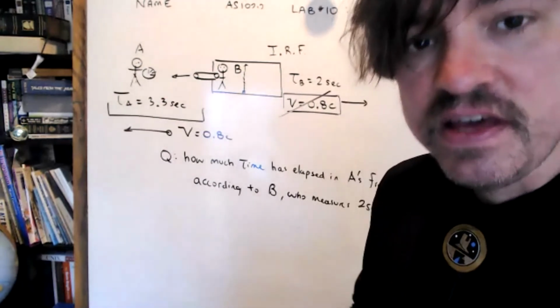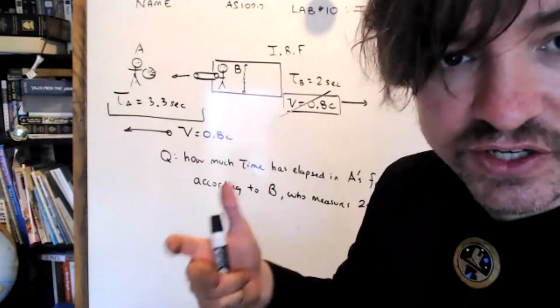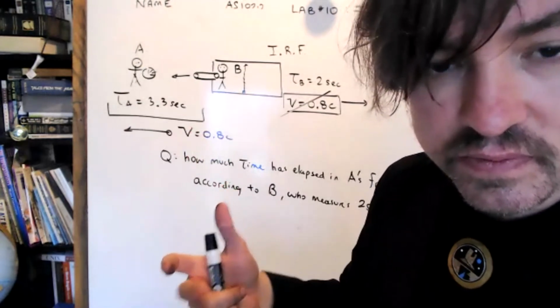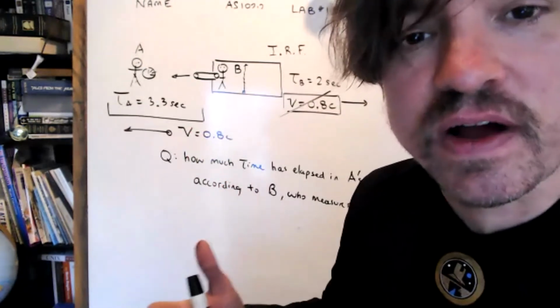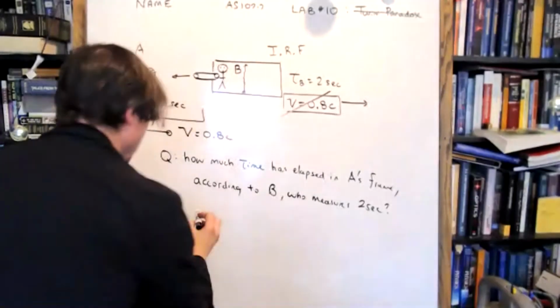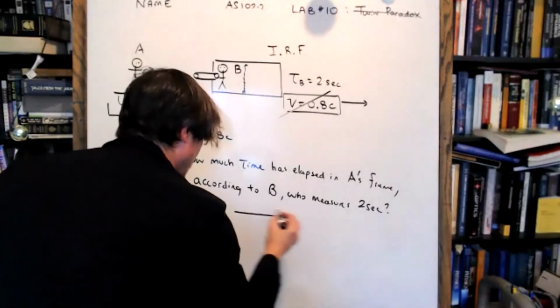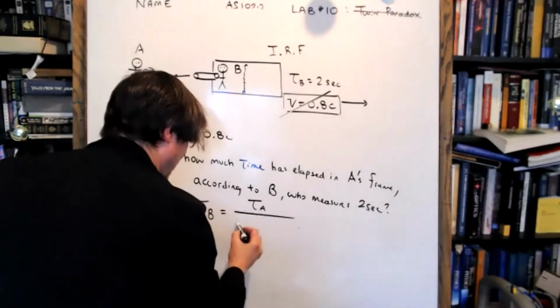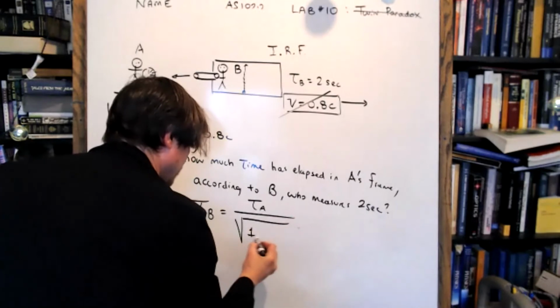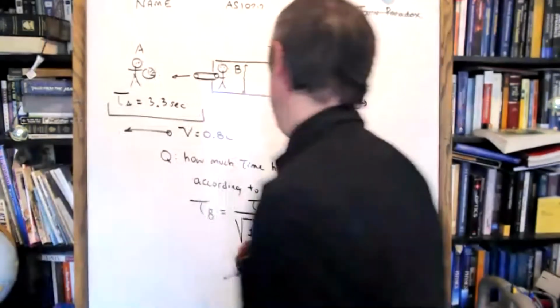In a sense, this reverses the positions of A and B in the equation. B becomes the observer on the platform and A becomes the observer in the train car. This version now looks like TB is equal to TA times the square root of 1 over 1 minus 0.8 squared.